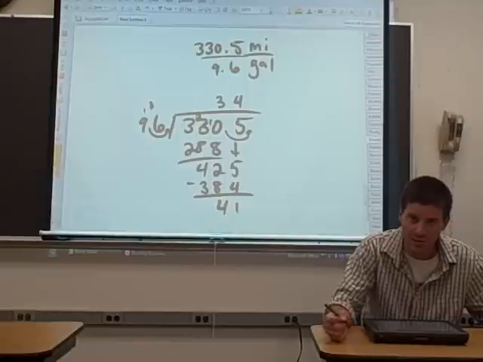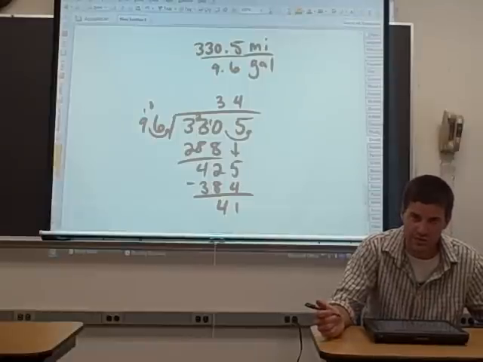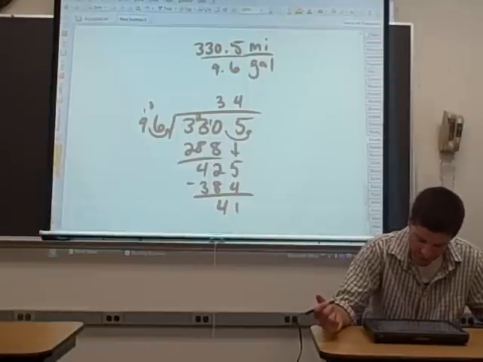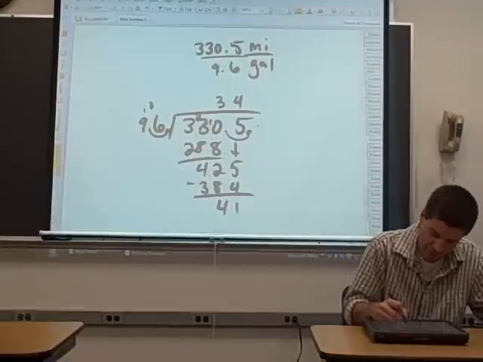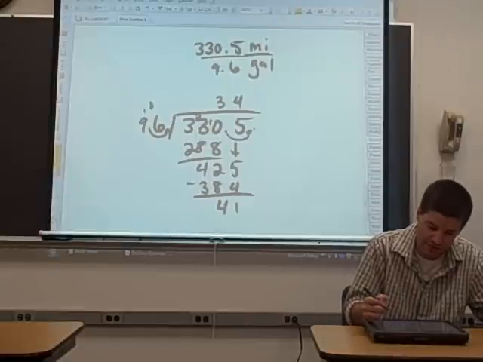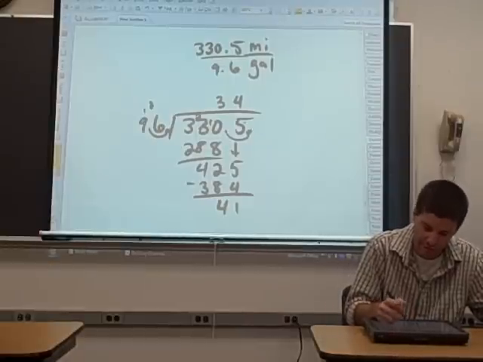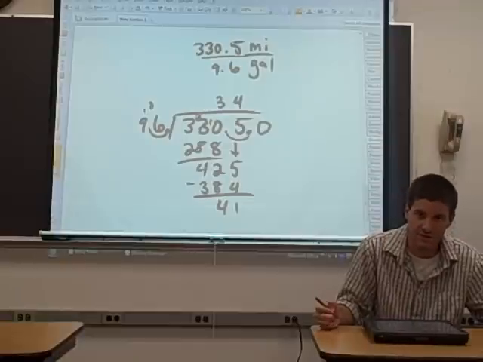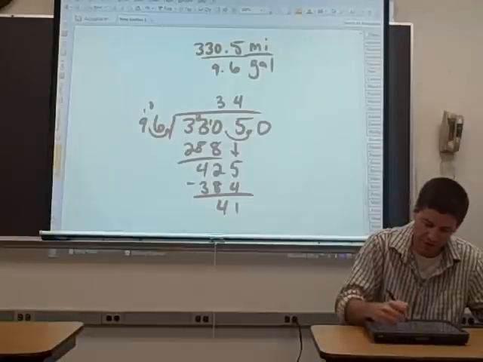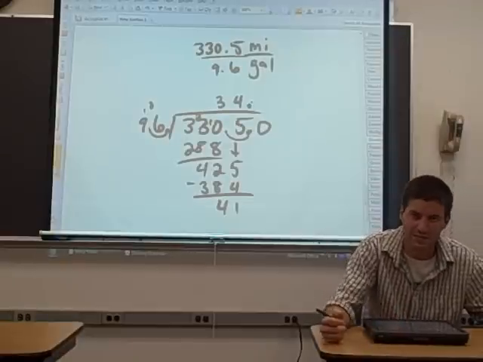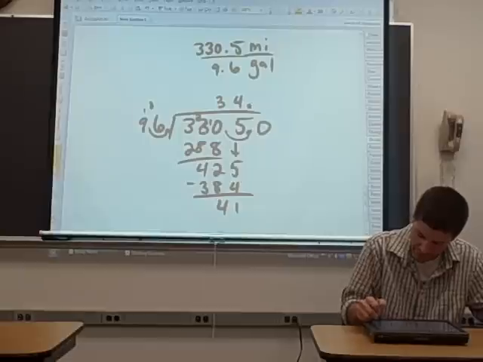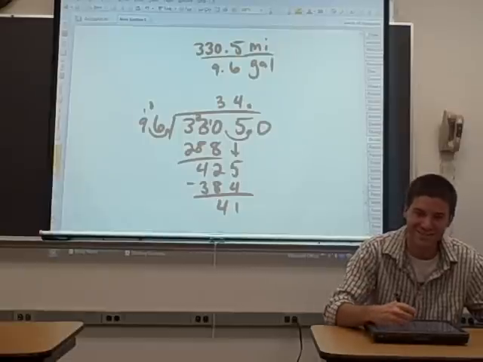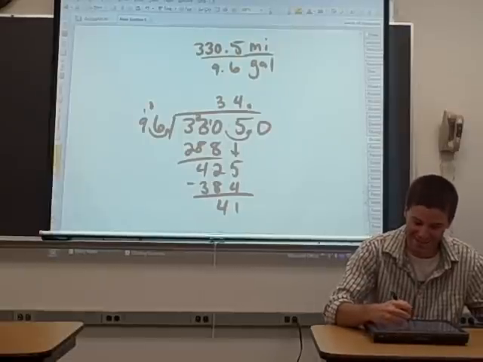Now, I want to know a little bit more accurately to another decimal place what my mileage was. So let's continue the problem. We already have our decimal place here at the end of 3,305. We can add a 0 to the end of that, and it doesn't change anything. I'm sorry, if we add a decimal in our dividend, we have to add a decimal in our answer.